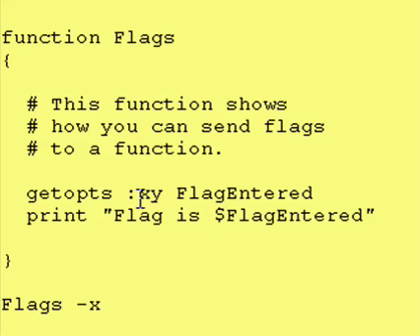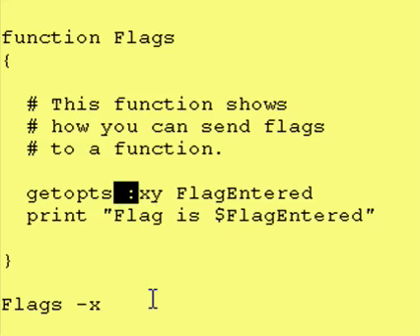Now, you may remember if you put a colon after the variable name or after the flag name, that means that the flag requires a value. And in this case, I wanted to keep things very simple, so I didn't put any colons after the flag names, so neither of the flags require values.